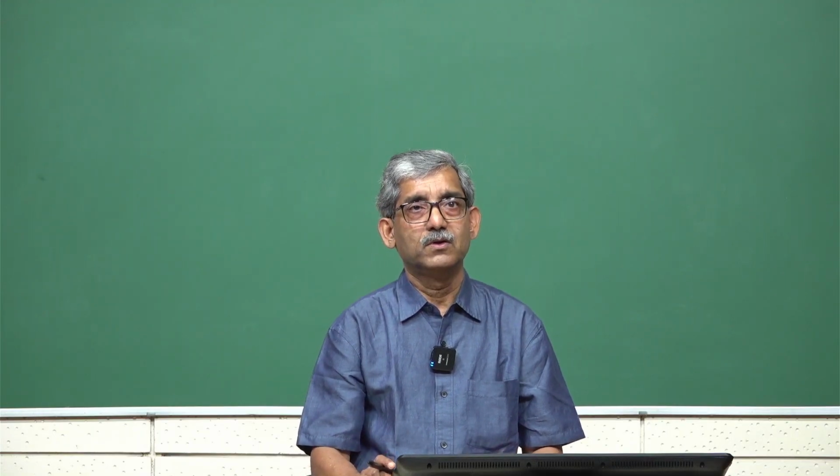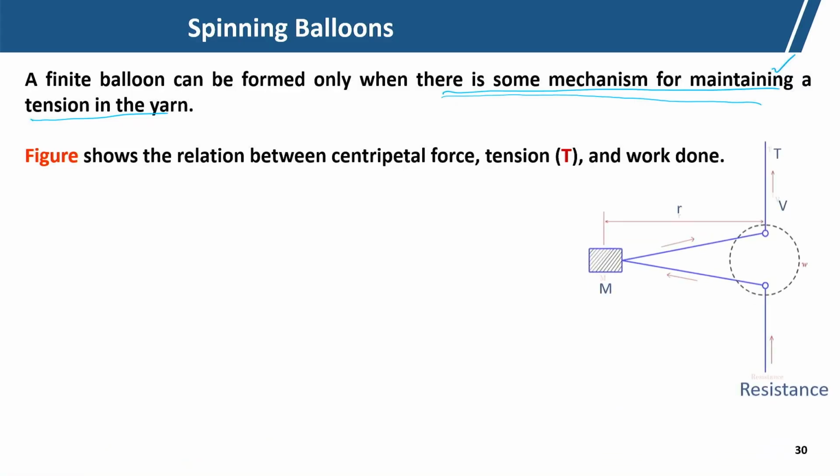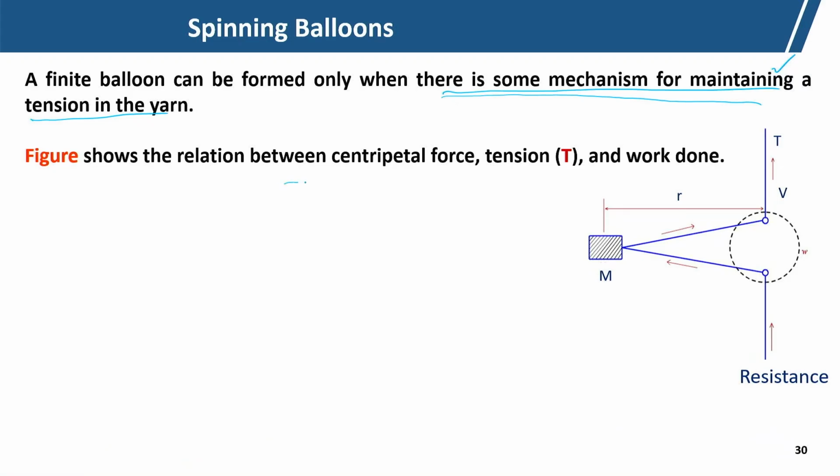Okay. So, this is the figure that shows the relation between centripetal force, tension T and the work done. You can see here the tension, and here the centripetal force will be there. So, we can see T V is the rate of work done.